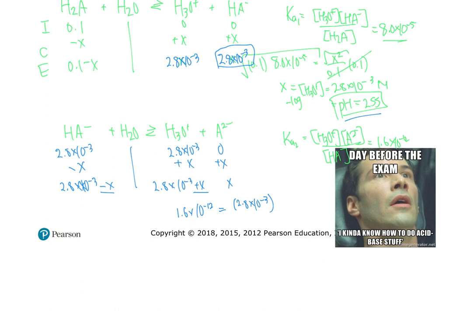Then I'm going to multiply by X, and then divide by 2.8 times 10 to the negative third minus X, but we're not going to worry about the minus X. So now you can see that the numerator and denominator cancel out because they are the same. And so our X here, which is our ascorbate concentration, is 1.6 times 10 to the negative 12 molar. So pretty small. We don't make very much of it.